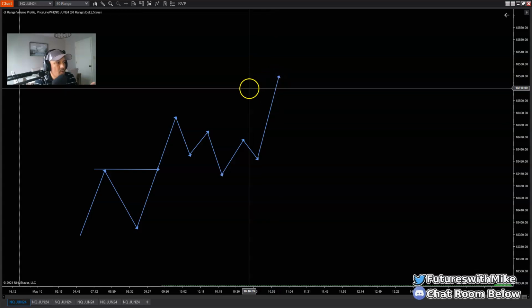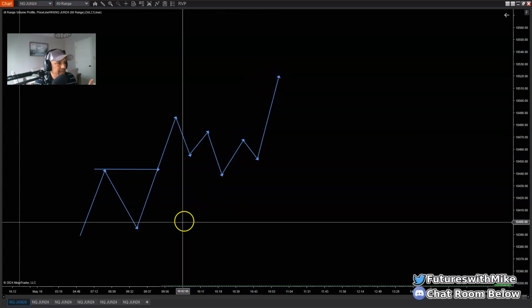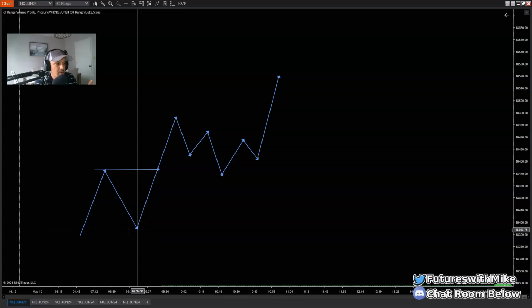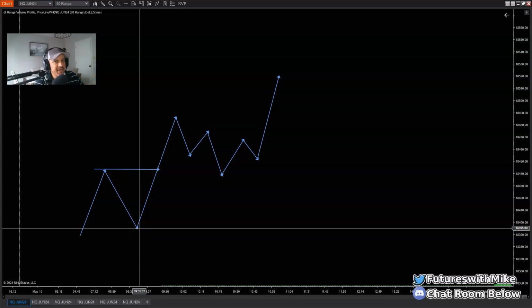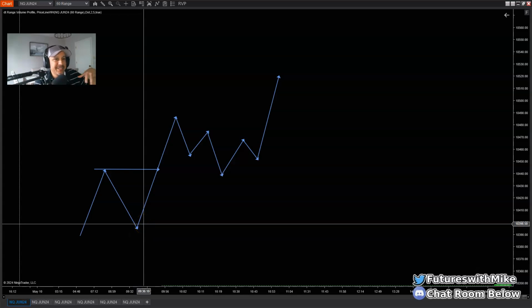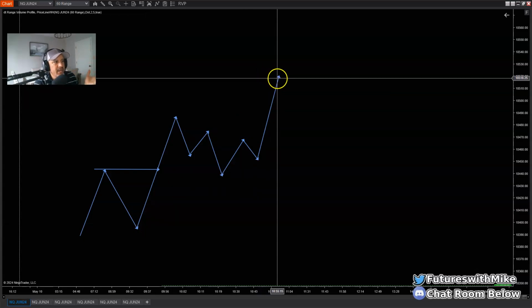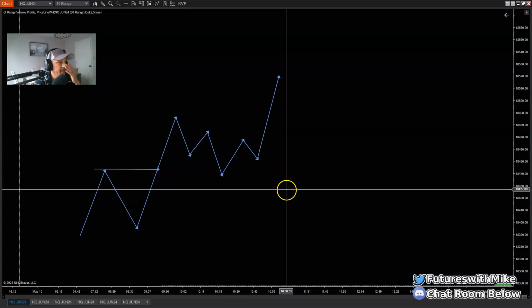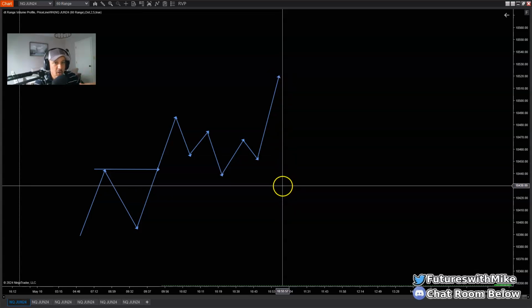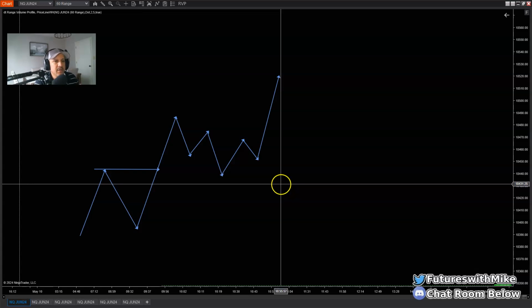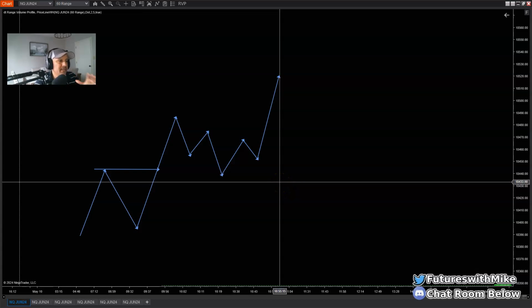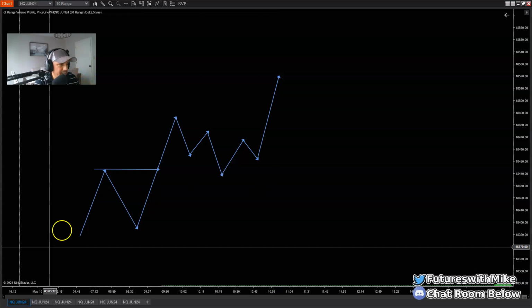Now, you may be asking, what if the market came back here and broke through this low right here? Well, then that should give you an indication that the market probably is not done or is changing, wanting to go to the downside. Or even right here, if it comes back after making this major high and then breaks below here, then that is a shift lower, letting us know that the market may be trying to shift direction and break lower.